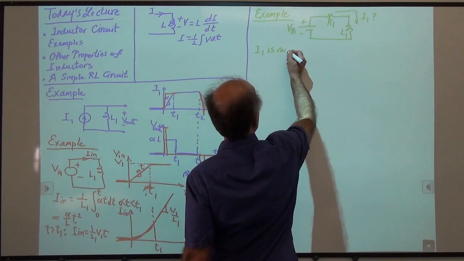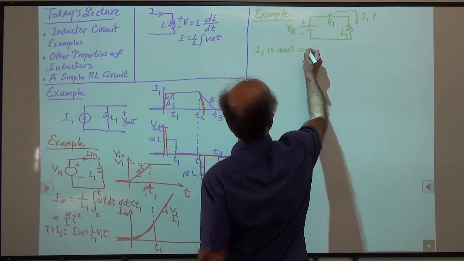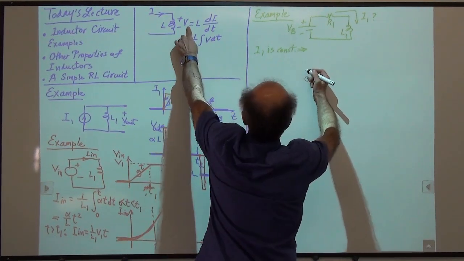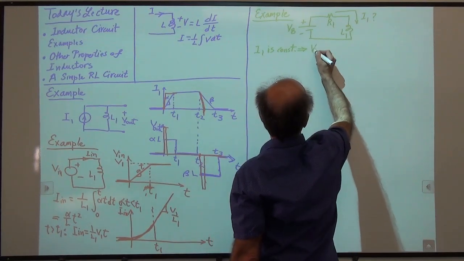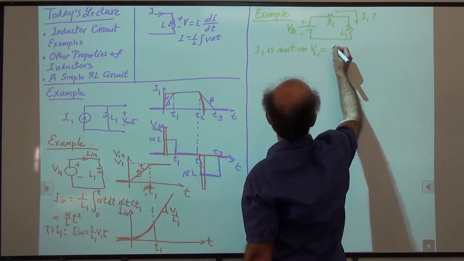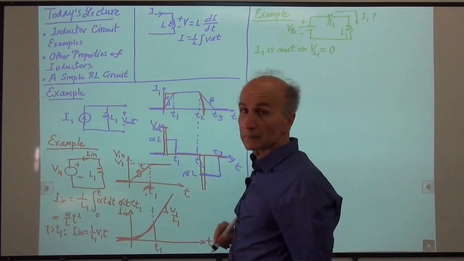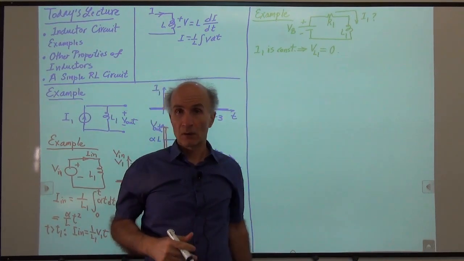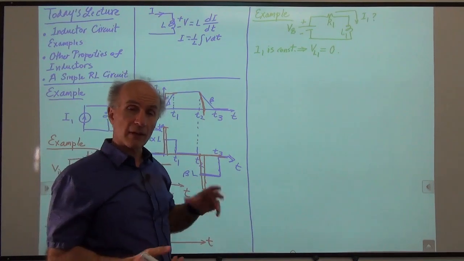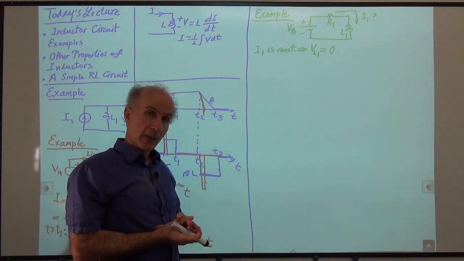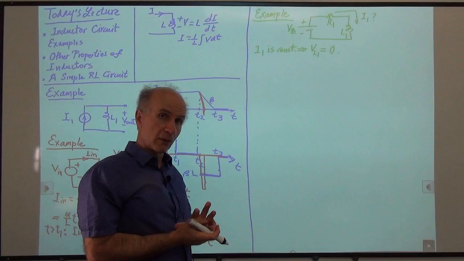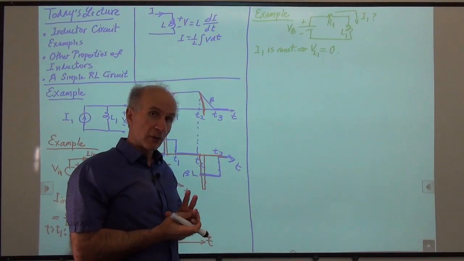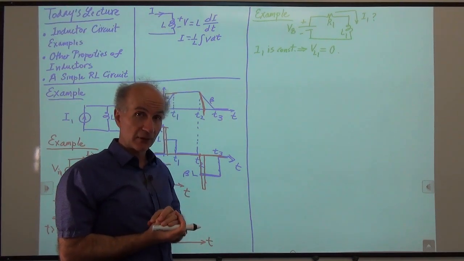Okay, so we say that if everything has become constant, for example, I1 has become constant, so we say I1 is constant. That means that the inductor voltage VL1 is equal to 0, right? The current doesn't change with time, so the voltage across the inductor is 0. If the voltage across the inductor is 0, how much is the voltage across the resistor?